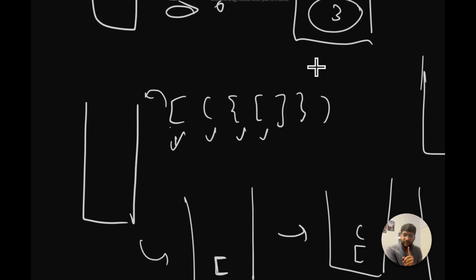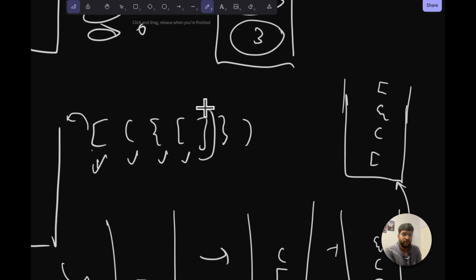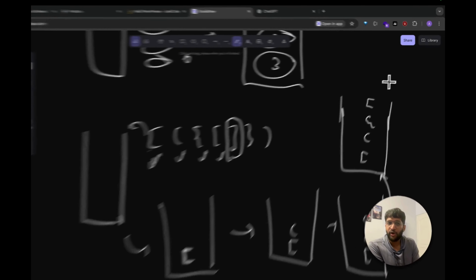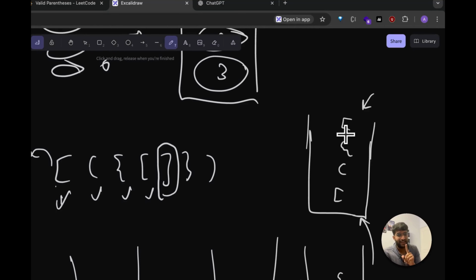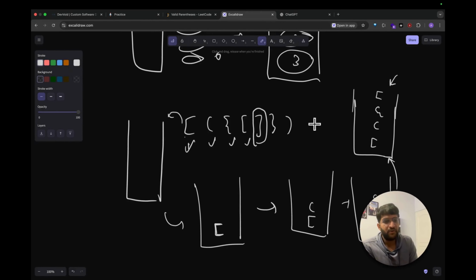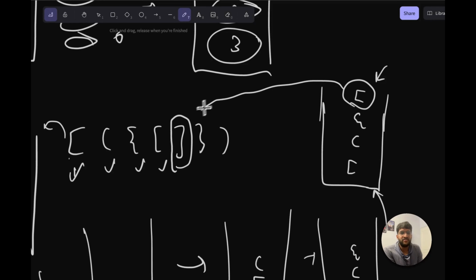Now, if we want to check what is the latest square bracket, you see, whatever is at the top of our stack, which we can access directly, is what we need, right? That's exactly what we're going to do. We're going to remove the thing at the top and check whether it matches the required bracket for this one.